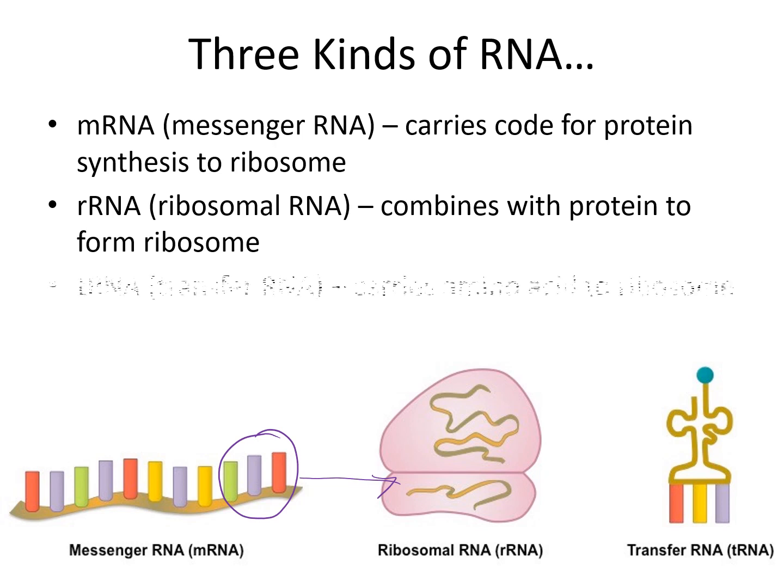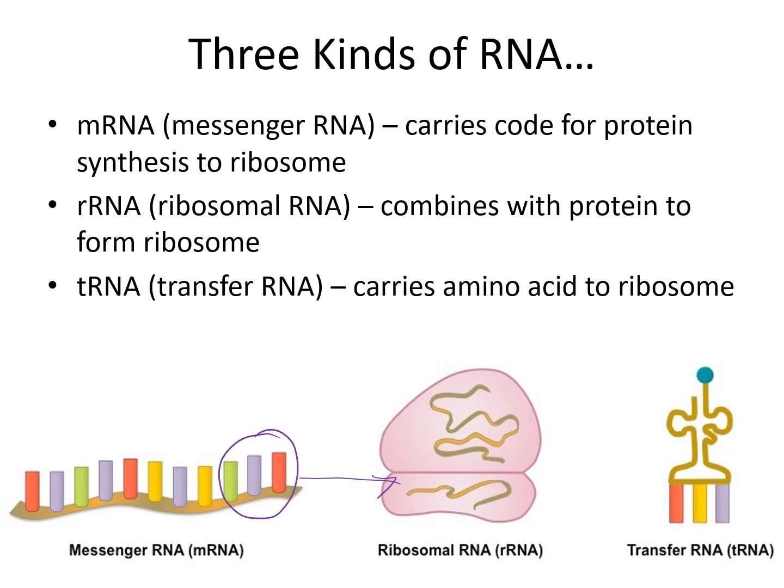And the final type of RNA is what's called transfer RNA. This little thing right here is the amino acid. And this part right here is transfer RNA. Let's imagine that this is uracil, which is like thymine. This is cytosine. And let's imagine that this is guanine, G right here.